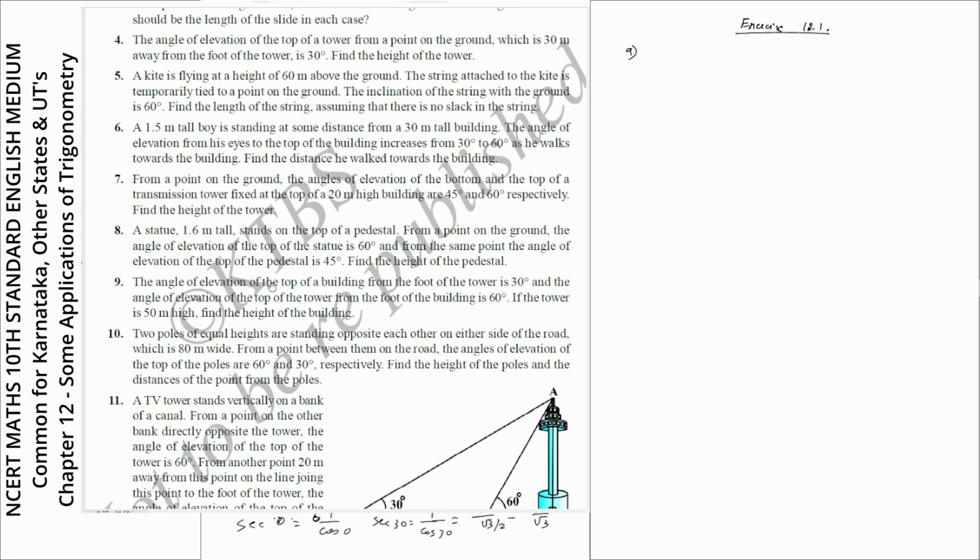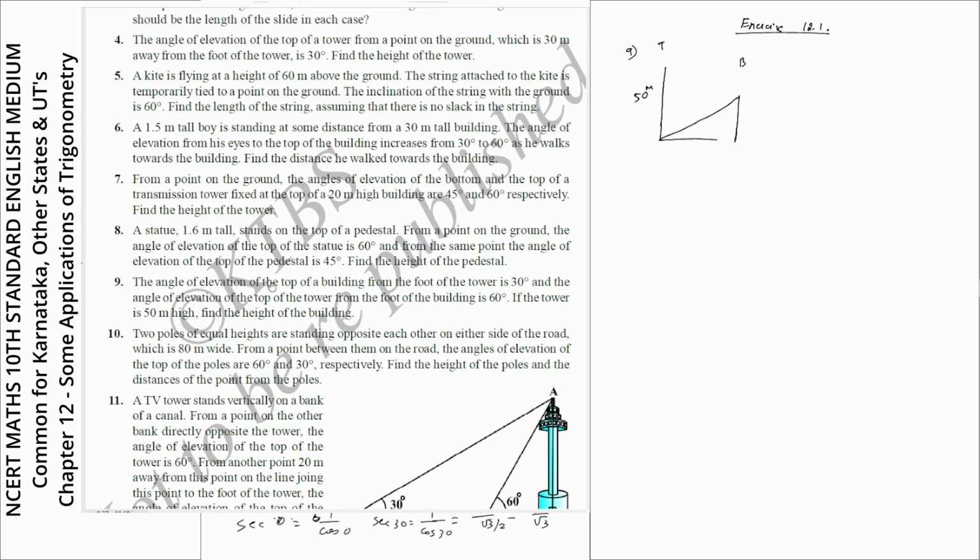So there is one tower and one building, okay, and the height of the tower is 50 meter. This is tower, this is building, and from the foot of the tower, the angle of elevation to the top of the building is 30 degree.